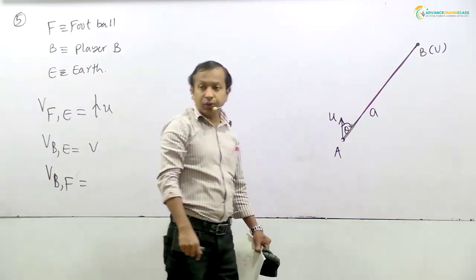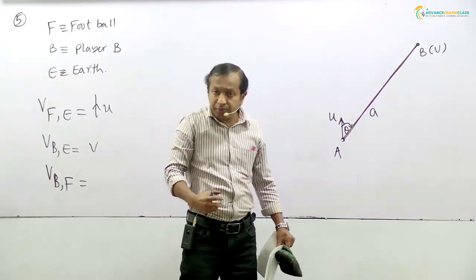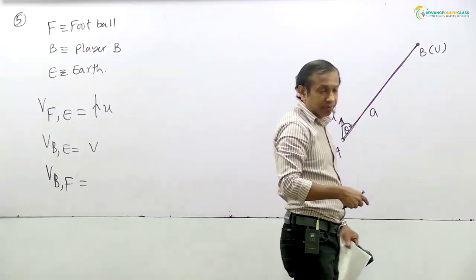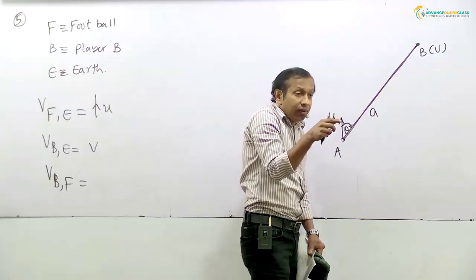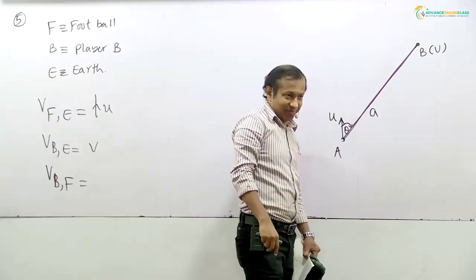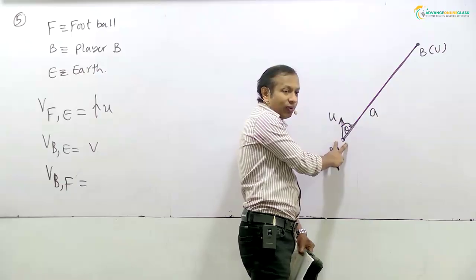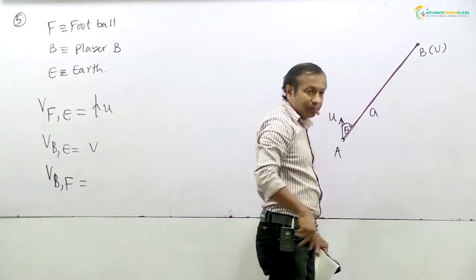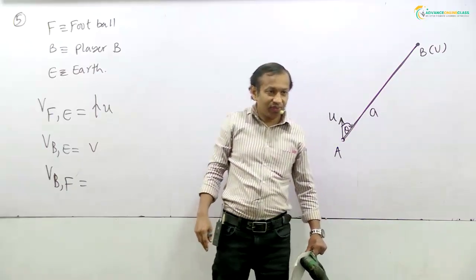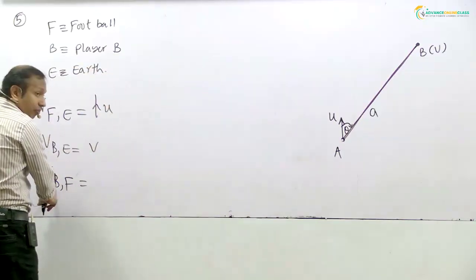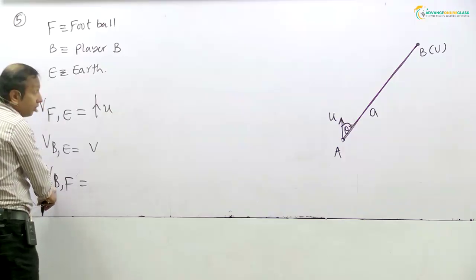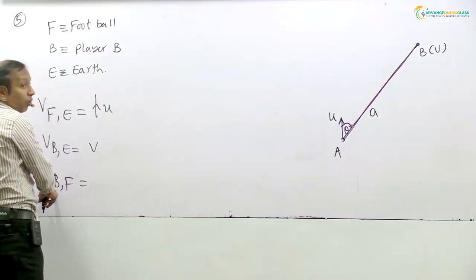If this ball could speak, it would say, oh, that player is coming to me. Then relative to the ball, the player should come this way, no? This B is the player, don't confuse it with the ball.